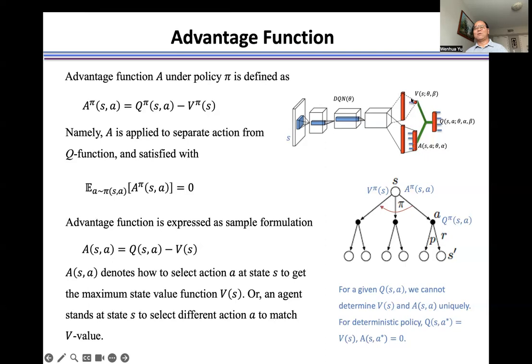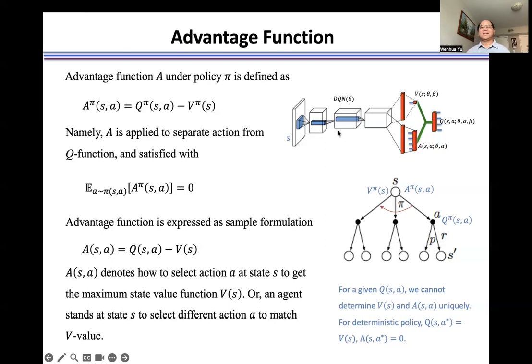Also, for a given state value function, we can see which action is a match to this state value function, or we can find which action will generate the optimal state value function. So once we have these two modules, we can find the relation between the state value function and the actions.